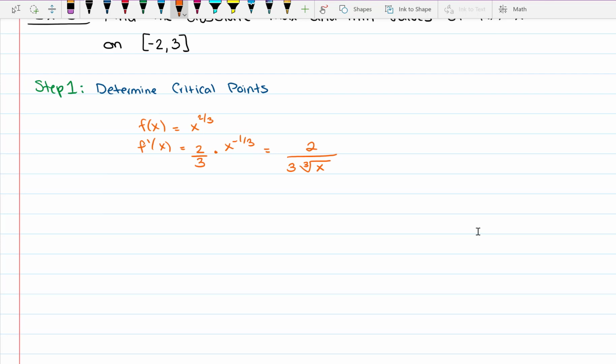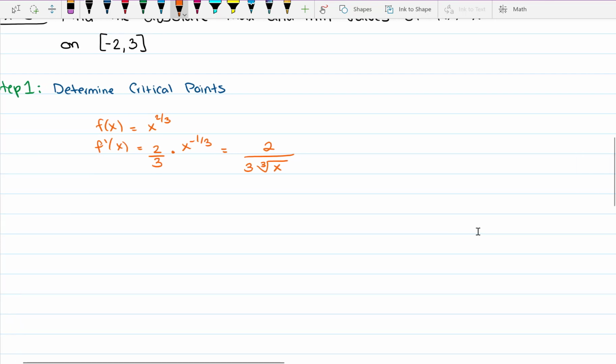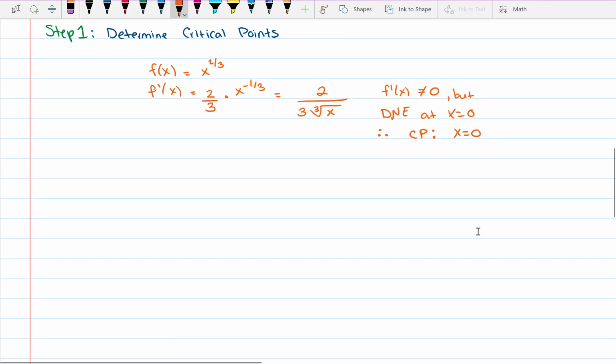So we set that equal to 0. However, this can never equal 0. So since f prime of x is never equal to 0, but it does not exist at x equals 0, we can say that we have one critical point at x equals 0. If we were able to set this equal to 0 and solve, those would also be our critical points.